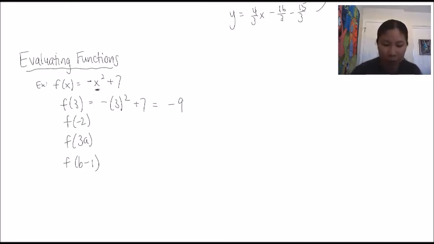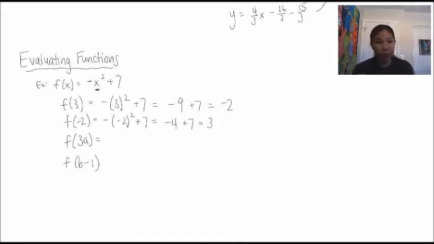So this ends up being negative 9 plus 7, which gives us negative 2. Okay, f of negative 2, same thing, pay attention to your negatives and your parentheses. Plugging in negative 2 squared will be 4, and then multiply by the negative in front. So that gives us negative 4 plus 7, and that gives us 3.